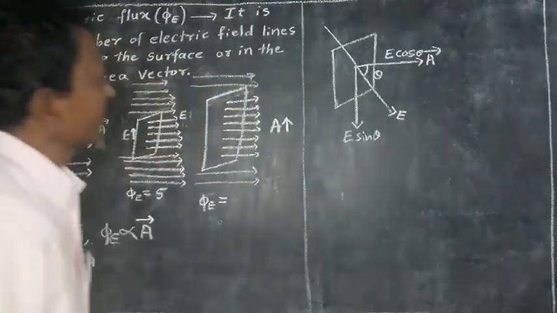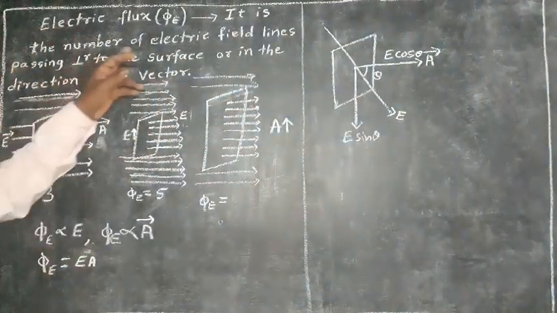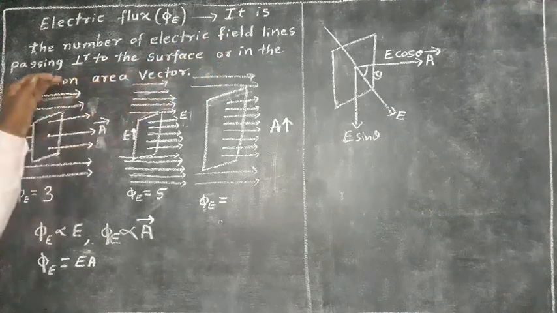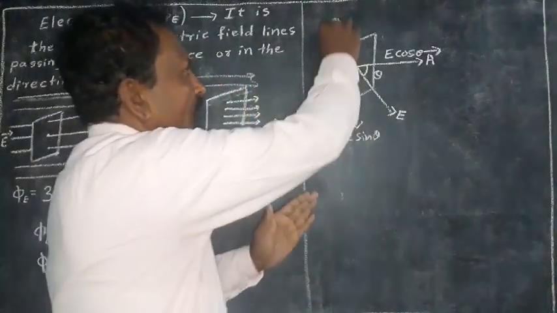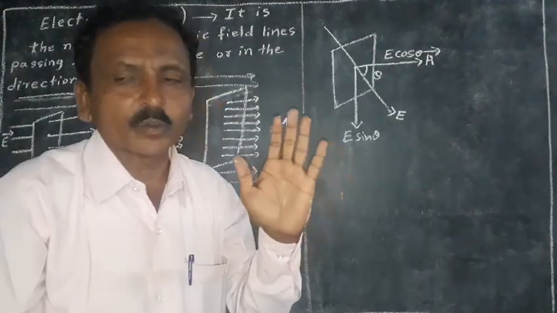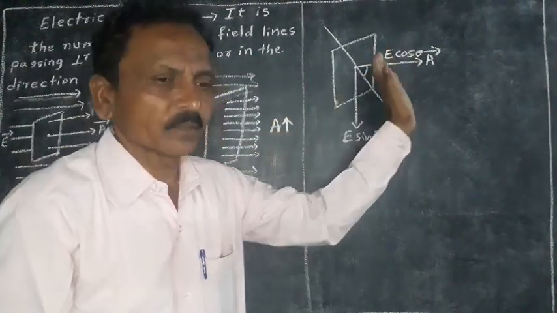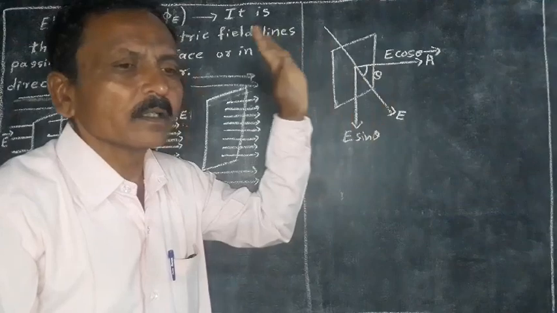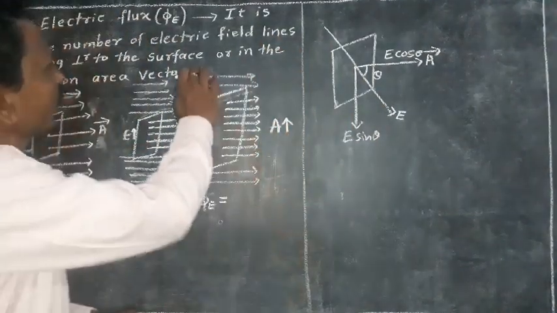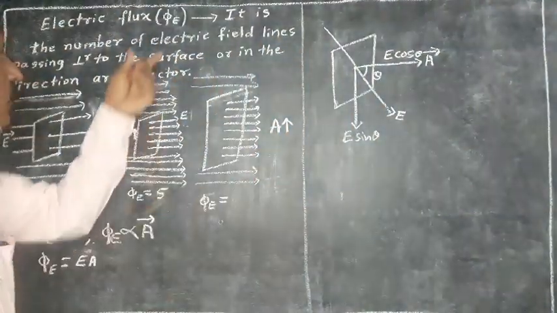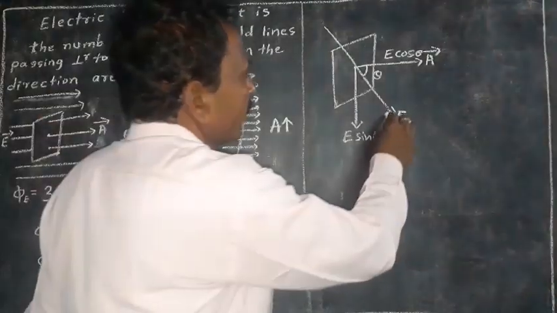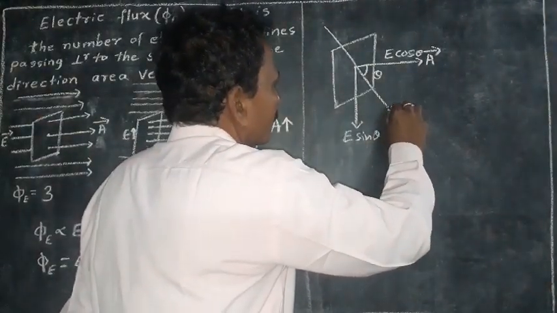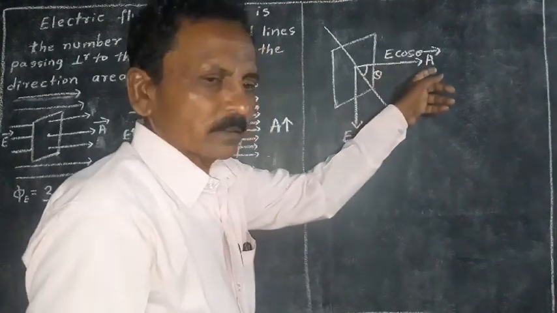But according to the definition, it is the number of electric field lines passing perpendicular to the surface. Here electric field lines are not passing perpendicular to the surface, they are making an angle theta. Then only the component contributes to the electric flux. Therefore, here E is not along the area vector.